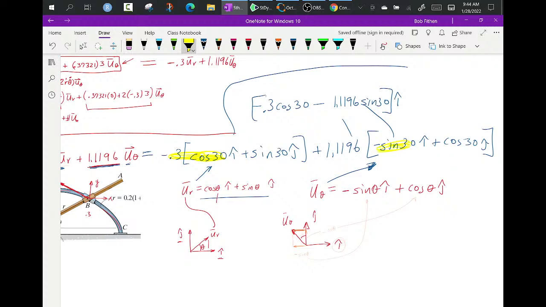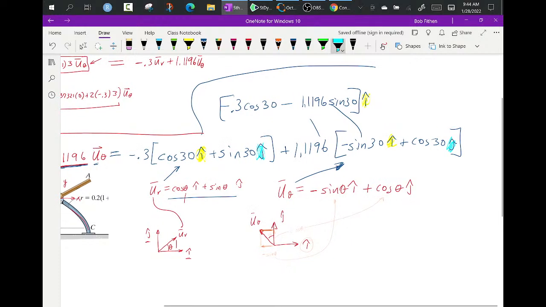Here's my I, and here's my J. Plus the components in the J. Grabbing the components of the J would be minus 0.3 sine of 30, and then plus 1.1196 cosine 30.